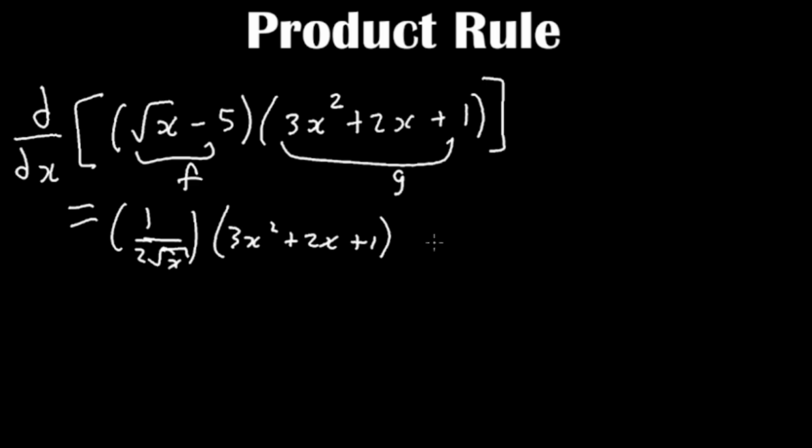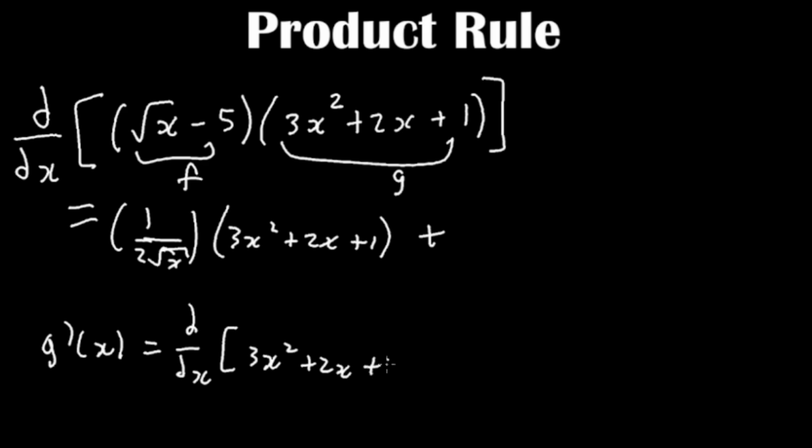Okay. Now we're going to do f times g prime. So now we need to find what g prime is. So g prime of x, that's going to be the derivative of 3x squared plus 2x plus 1. For this 3x squared, remember we're just differentiating all of these terms separately and then adding them up. That's 3 times the derivative of x squared. That's 3 times 2x, the same thing as 6x.